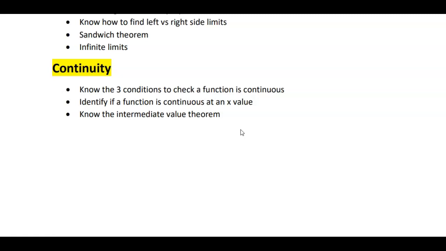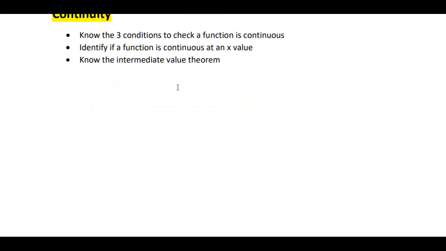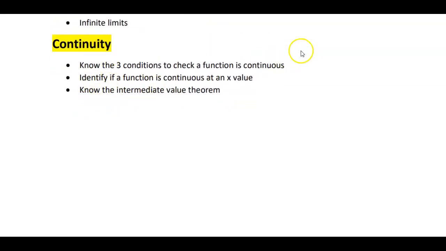Basically it's the same as this, where you put the x value into one equation and make it equal to the second equation by putting in the same x value. That's how you make it continuous. Then identify a function continuous at an x value. Same thing, I use the 3 conditions.